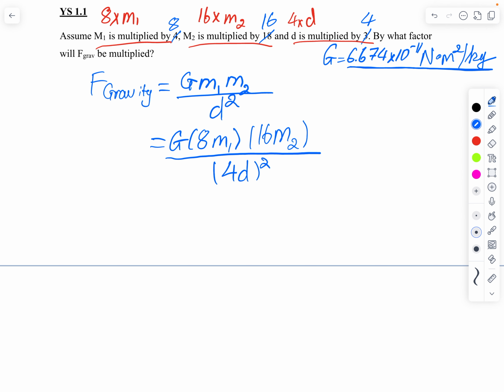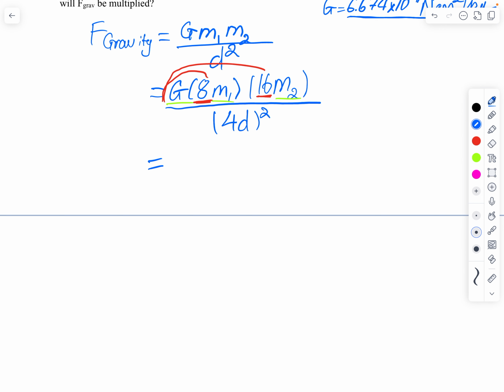And then right now I would want to move the numerical stuff over to one side, and the letters to one side. So I would do it like this. When you move it together, since they are multiplying, you can multiply them. So 8 multiplied by 16. I won't skip any steps on this.